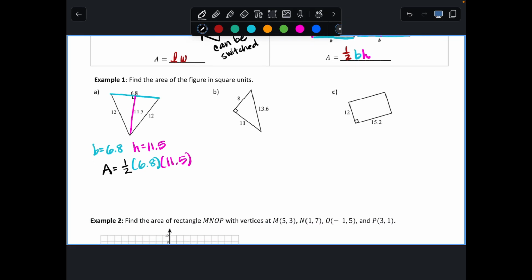So put that in your calculator, and you end up with 36.1 units squared. So remember, when you're giving me the area, it has to be inches squared, feet squared. If you don't know what it is, you just put units squared. But if you don't put that, then it makes it seem like it's 36 inches long, which is not it. We need square units.